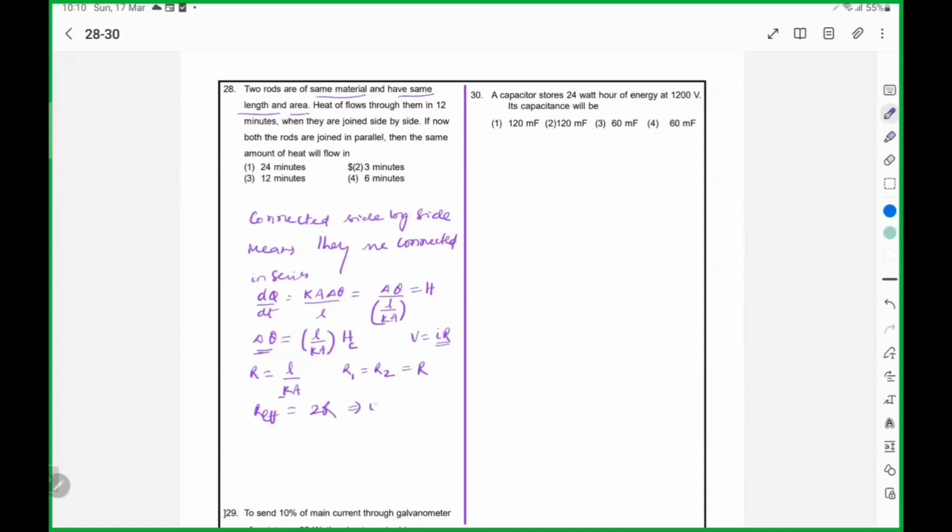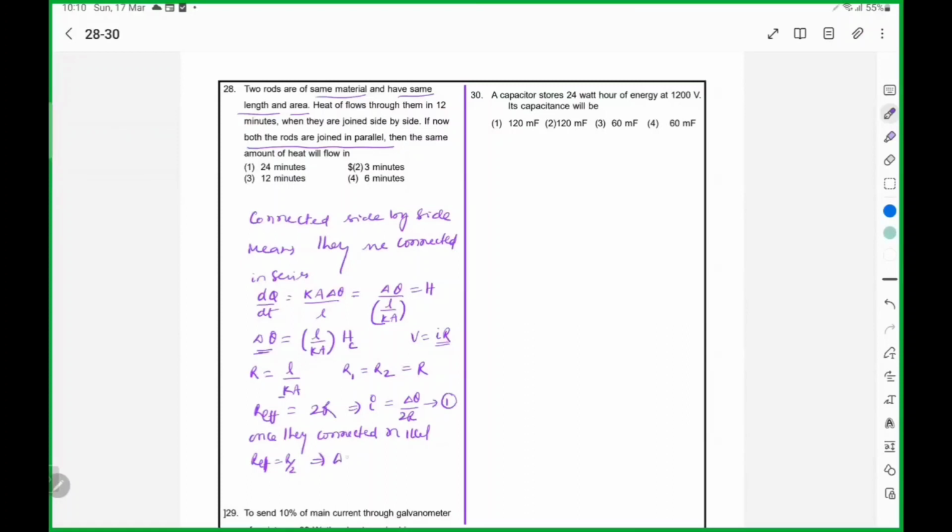Then heat current, that is H, which is delta theta, temperature difference by 2R. If now both rods are joined in parallel, once they are connected in parallel, effective resistance will be R by 2.